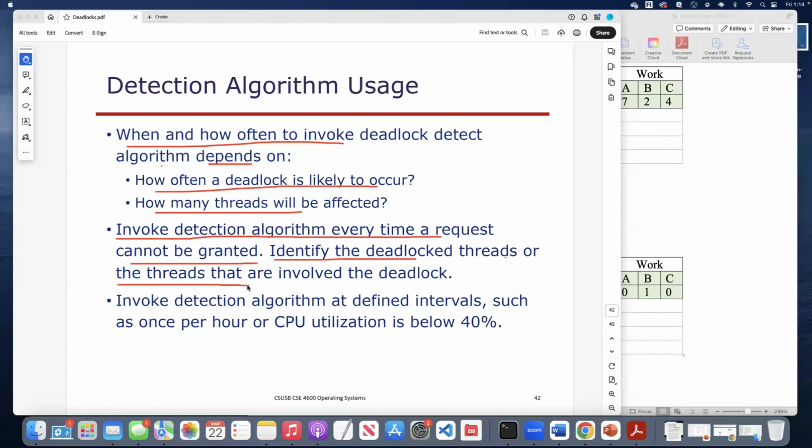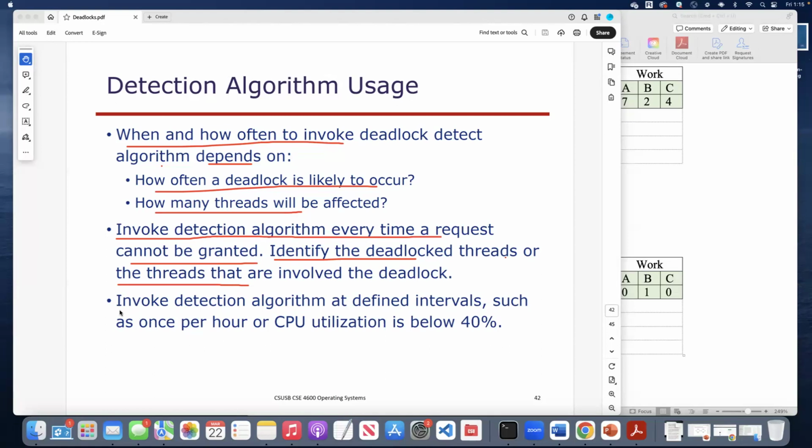But the problem is invoking the deadlock detection algorithm for every resource request will generate considerable overhead in computation time. So we need a less expensive approach.